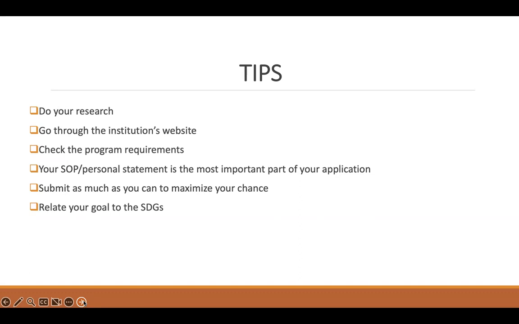So it's like you're driving a developmental goal, you're focusing on probably SDG 2, 3, or 4, and try to make sure that you are buttressing that in your SOP so they can see that, okay, you have this developmental impact in your mind, because that is like the main aim of the CSC. They want you to drive development. So these are very, very important to consider when preparing your application. So I think that's all for the CSC application.